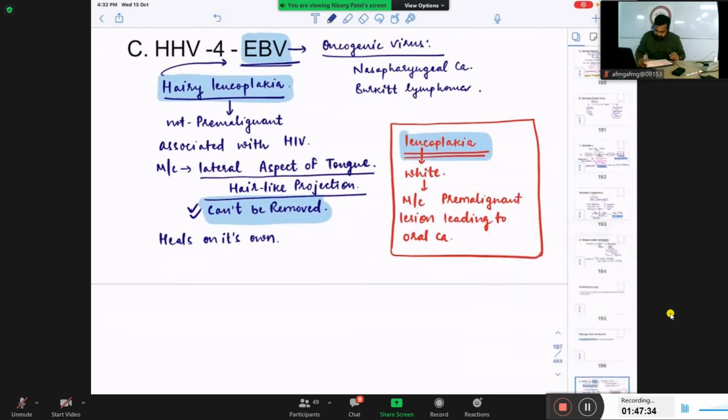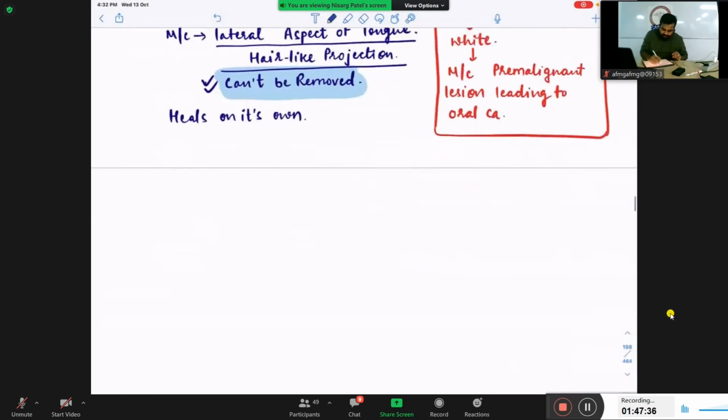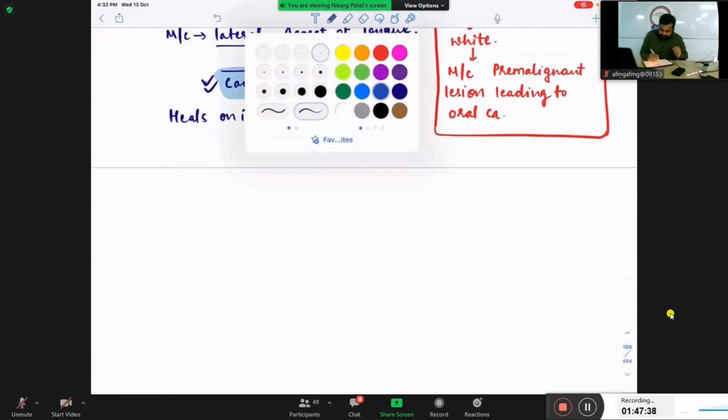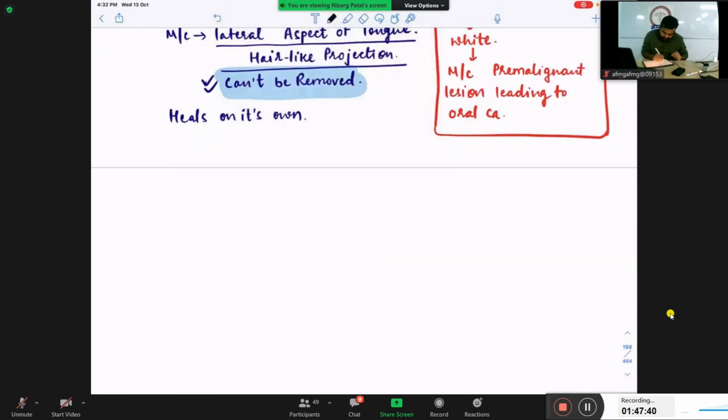The second disease, which is caused by human herpes virus type 4, is kissing disease.